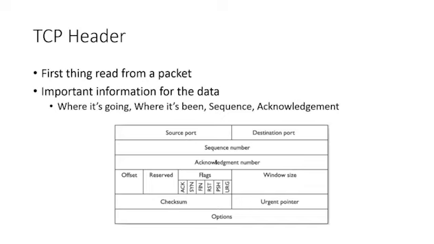We talked about sequence number and acknowledgement numbers, but the window size, that's how much information we can send between acknowledgements. I can send you some data, send you some data, send you some data. Did you get that? Yes, I did. Cool. Send you some data, send you some data. Did you get that? Yes, I did. Cool. And I can keep doing that, right? That's the window size. How much data can I send at any given time before you're going to say, I'm good, I'm good.